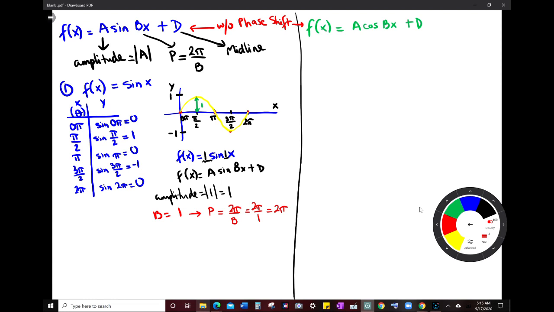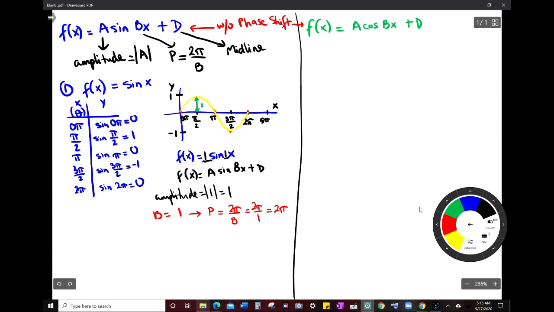So remember, period is the distance from 2 consecutive maximum points or 2 consecutive minimum points. So that means if I keep going with my graph here, because right now on my graph I only have 1 maximum point and 1 minimum point, but in order to help you guys see it easier, I go with the next one on the graph.